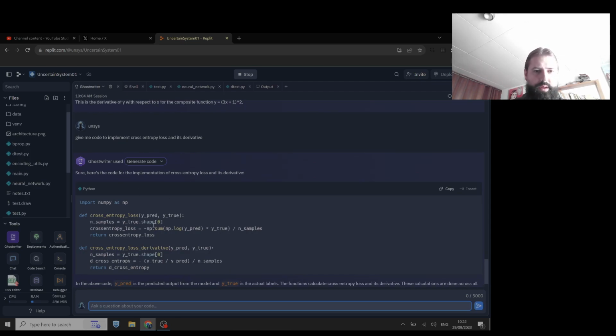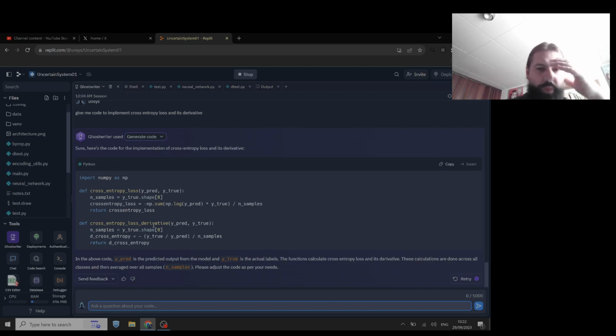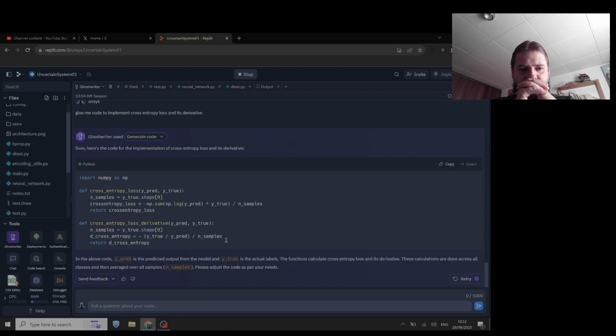So the cross entropy loss, and you have y true, right? The n samples. Cross entropy loss is basically the negative sum of NP, and then you have to do the logarithm of the predicted times true. And then you have the derivative.